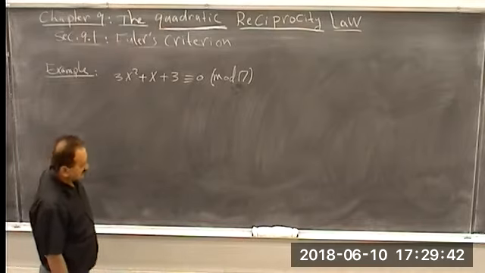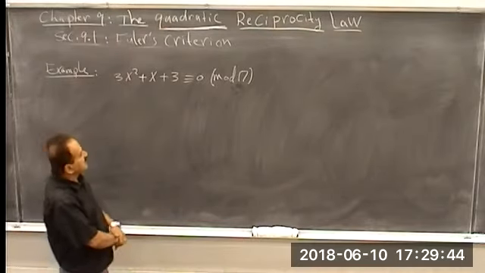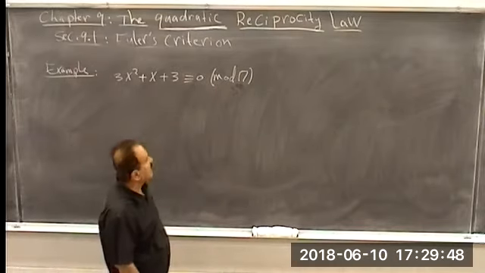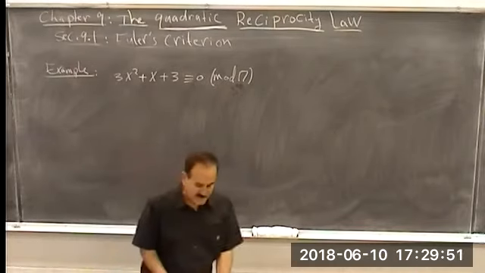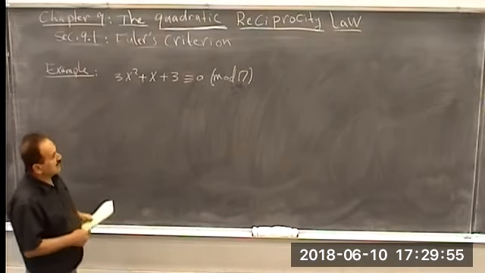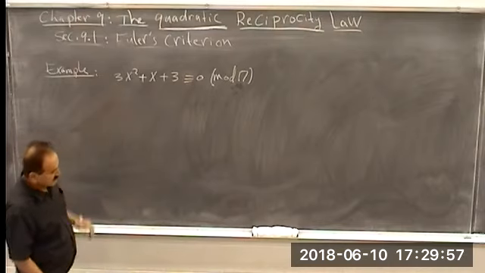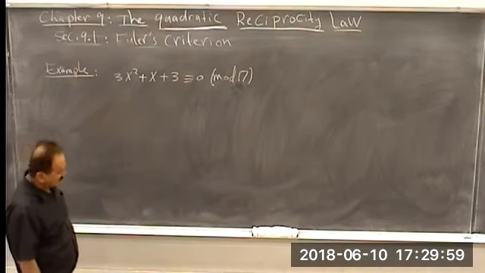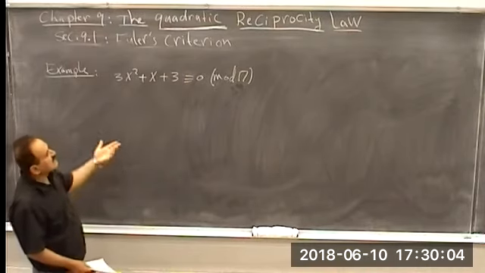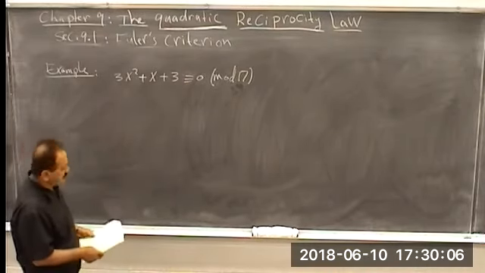But this method, which we call brute force, is not going to be effective if the modulus is very, very big. So we need more effective methods, and that's what we're eventually going to find out. The quadratic reciprocity law is going to help us. The calculations we're doing here are not very practical, but at least they will illustrate the ideas.